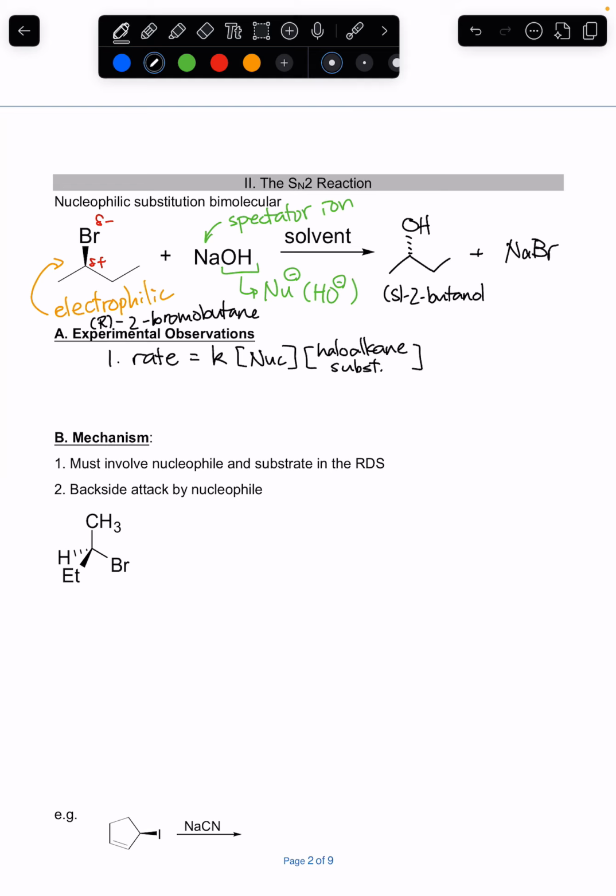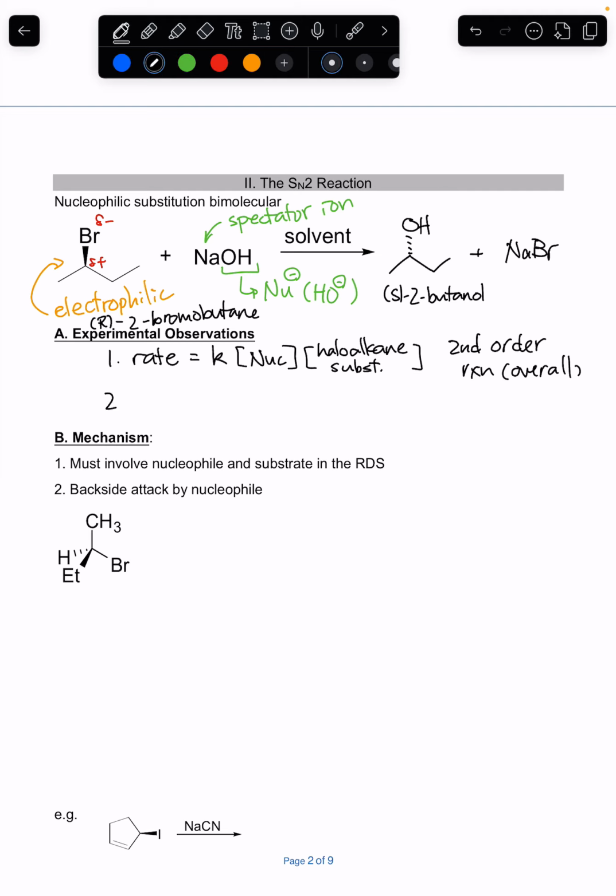The point is it depends on two things, meaning this is a second overall reaction order reaction. It depends on both of these concentrations, not just one. First order would just depend on one thing.